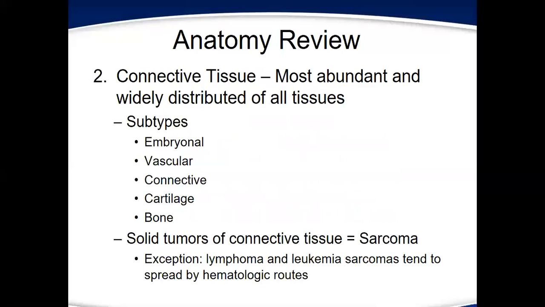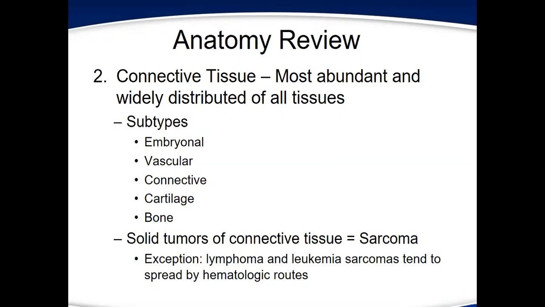Connective tissue binds skin to underlying organs, fills spaces between the muscles, and lies between the epithelium. Cartilage is the strong, smooth connective tissue that covers the bone ends at a joint. And then there's the bone, which is self-explanatory.